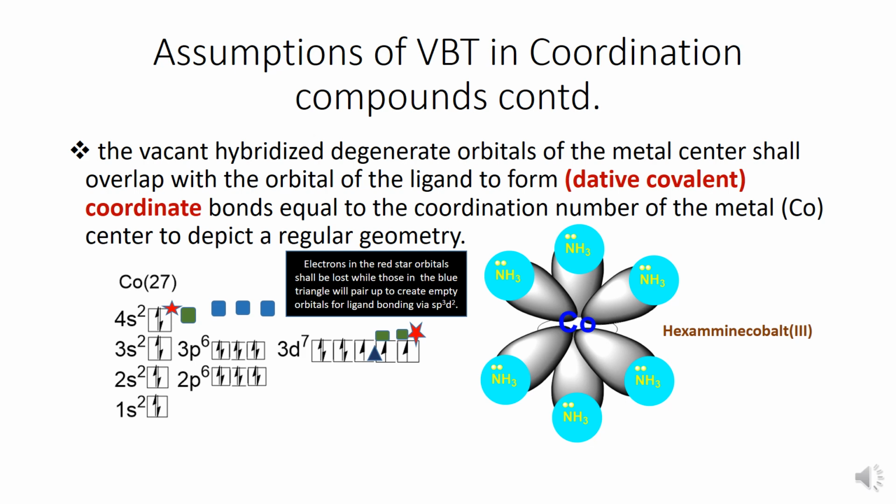If you add S1, P3, D2, that is 6, and you can see ammonia 1, ammonia 2, ammonia 3, ammonia 4, ammonia 5, and ammonia 6 as shown by the blue orbitals overlapping with cobalt. So at this point, they form a regular octahedral geometry, which is equivalent to the sp3d2 hybridized configuration.